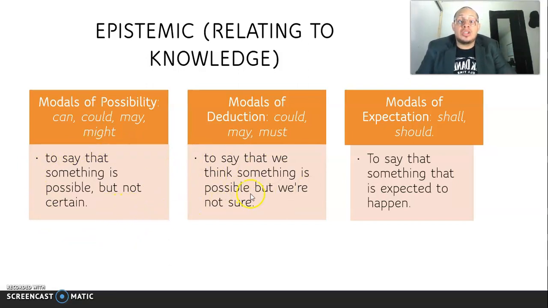The modals of deduction are to say that we think something is possible but we are not sure that it's going to happen. And with modals of expectation, you are expecting that something will happen, but you are not pretty sure if it's expected to happen. However, when you have a kind of feeling that you're expecting something, you should or you shall use modals of expectation.